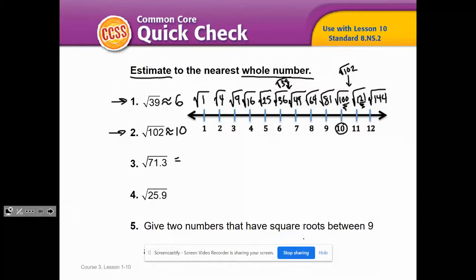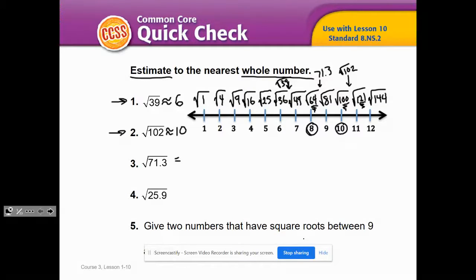Next, the decimal here is going to try to throw you off, but you don't have to get confused, because 71.3 is still just in between 64 and 81. 71 is 10 away from 81, but only 7-ish away from 64. So 71.3 is going to be closer to the 64 than to the 81.